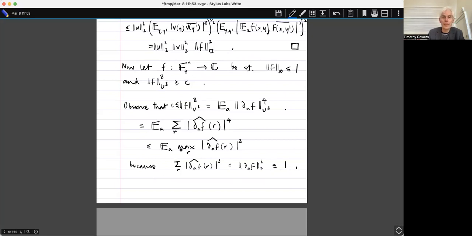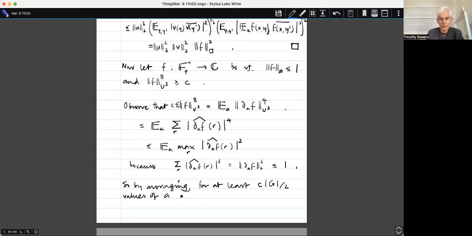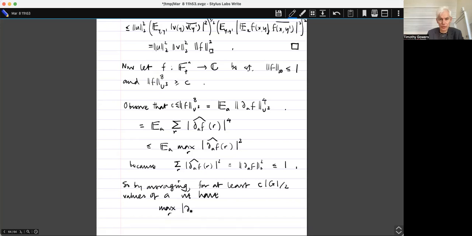So by averaging, or by one of the inequalities that we used earlier, a sort of ugly inequality, for at least c over 2 times the size of G values of a, where G is the same as F_p to the n, so this size is p to the n, we have that the maximum over all r of the absolute value of the Fourier transform of delta a f at r squared is at least c over 2.